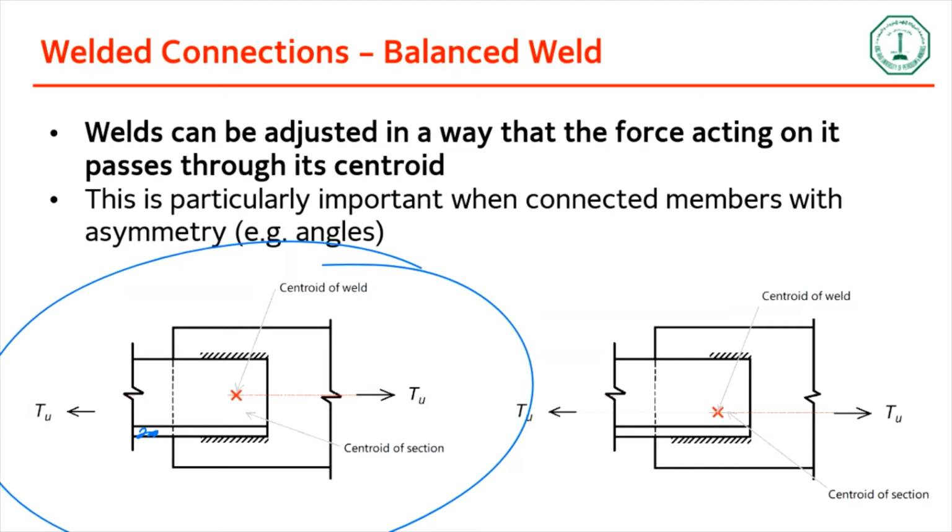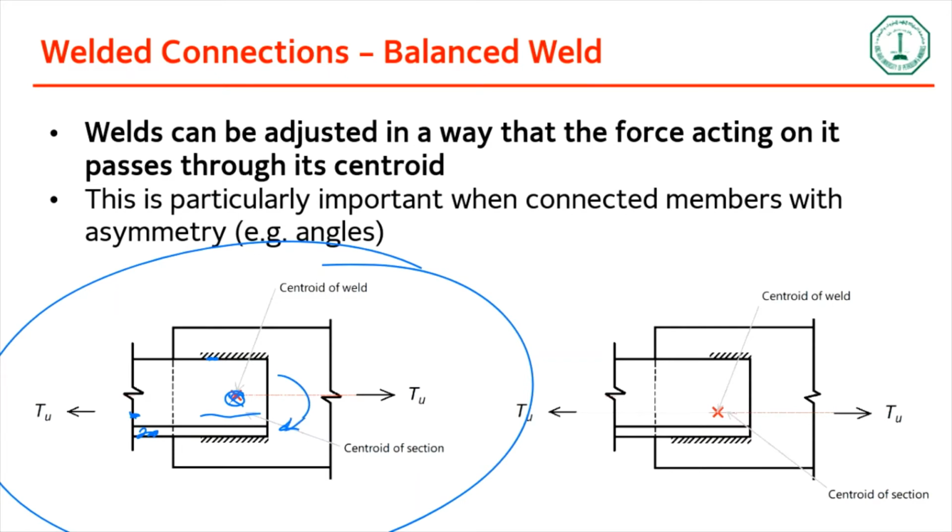The centroid has shifted slightly towards this end. Suppose that you have made equal lengths of weld. Your centroid of the weld is going to be here, but the centroid of the force and the centroid of the cross section is lying somewhere over here. So this really induces a moment here.